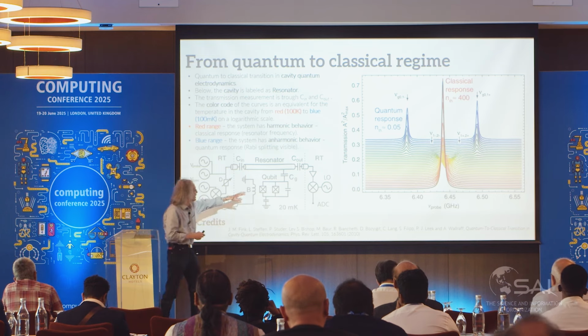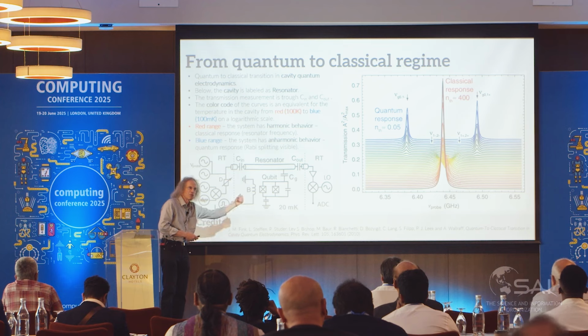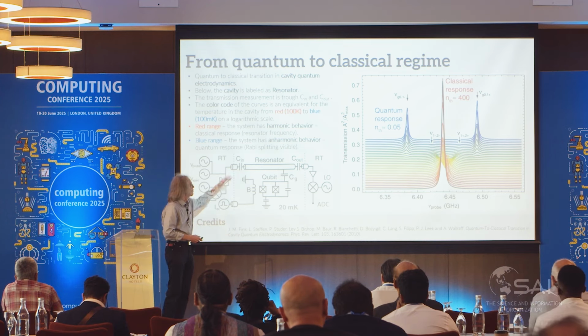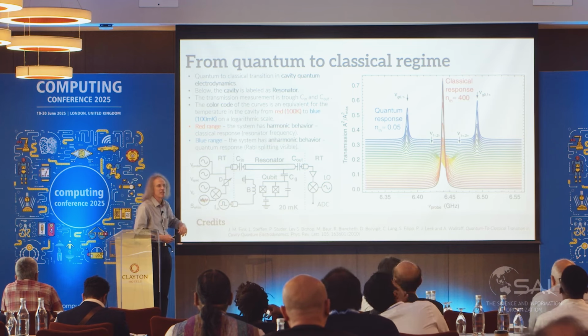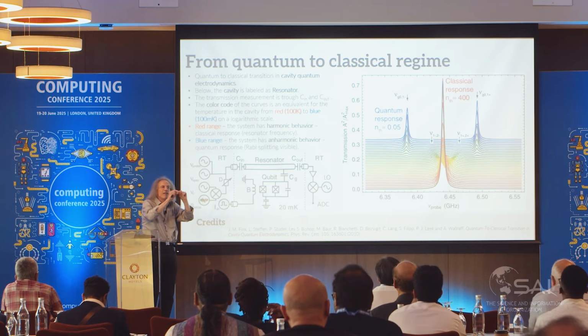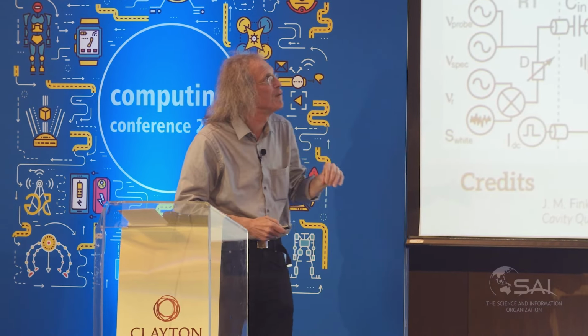So in the end, you can think about this system: you have two pendulums, one a harmonic, the resonator, one an anharmonic, the qubit, and between them you have a very weak spring. So this anharmonic one is able to influence the other.